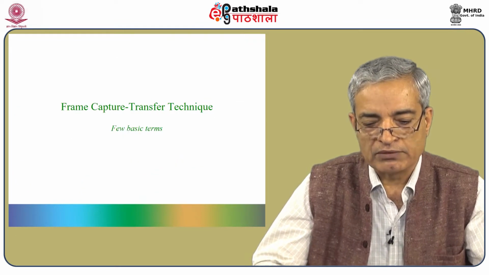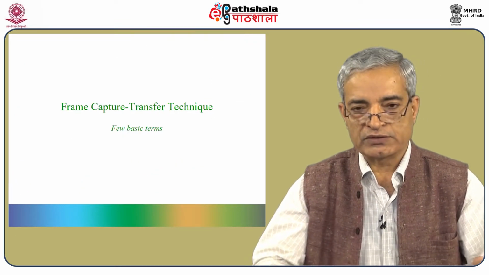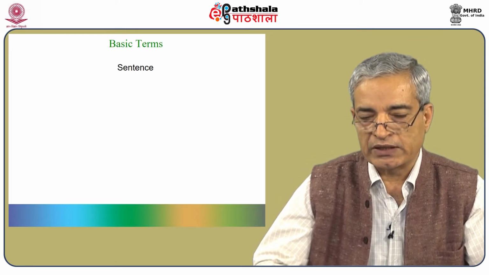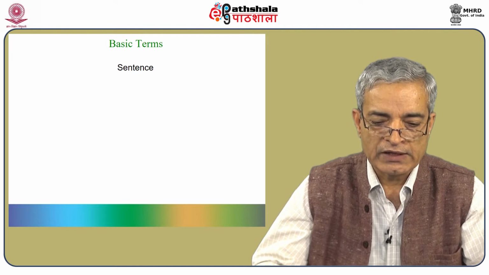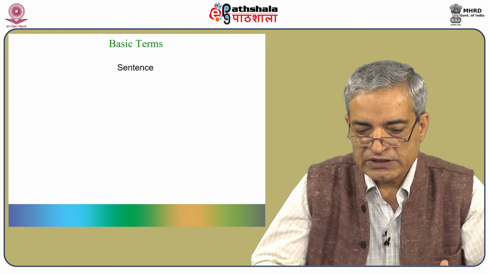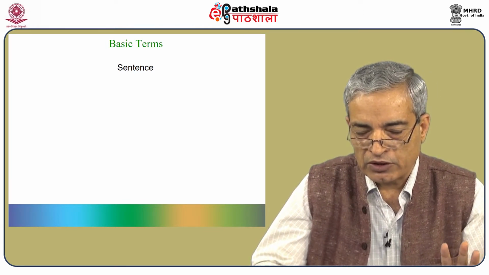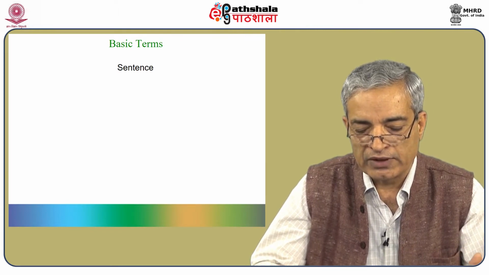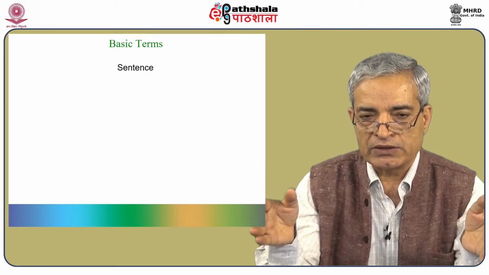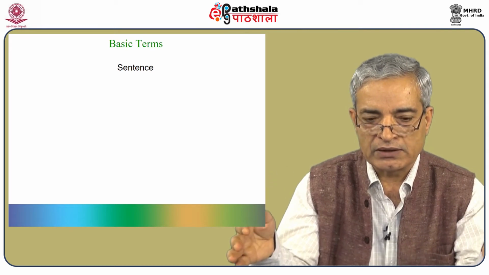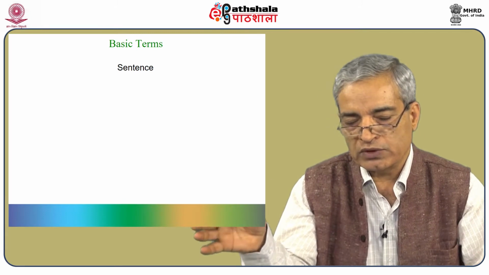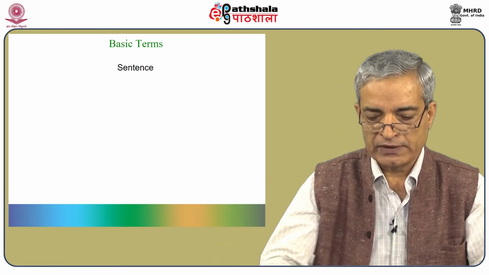And let's see now some examples, or some basic terms first, to understand the frame capture transfer technique. The basic terms are organized in this way: there is a sentence, and, as Rajat asked a while ago, one way of segmentation or bifurcating this sentence is to divide it into one macroframe, and there could be more than one microframe.